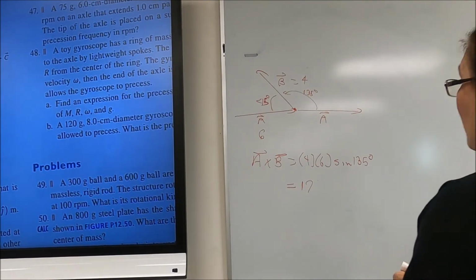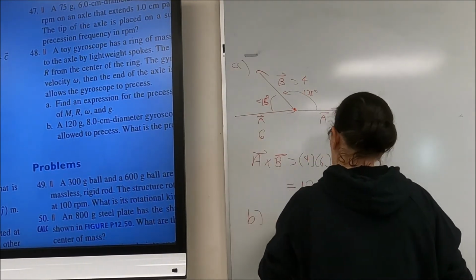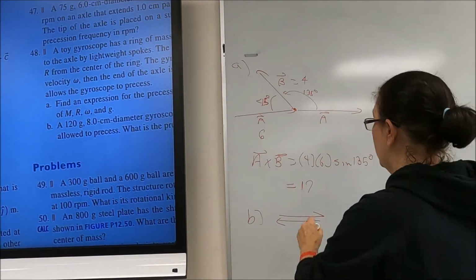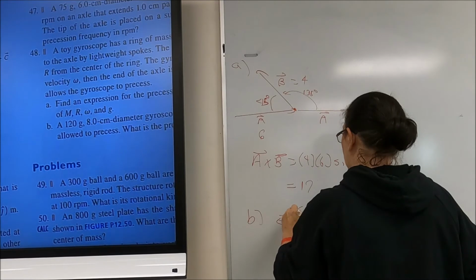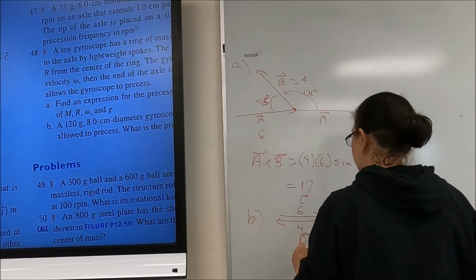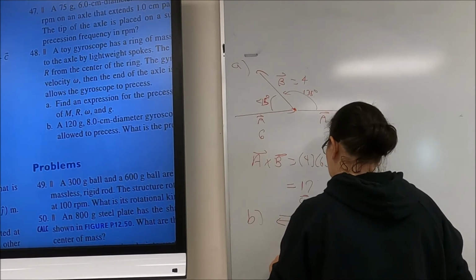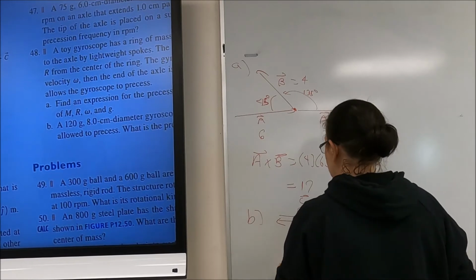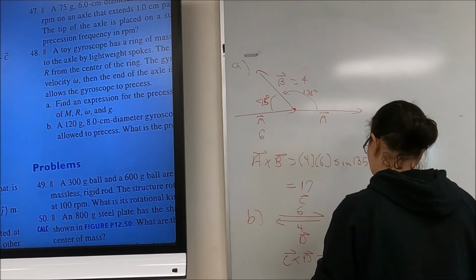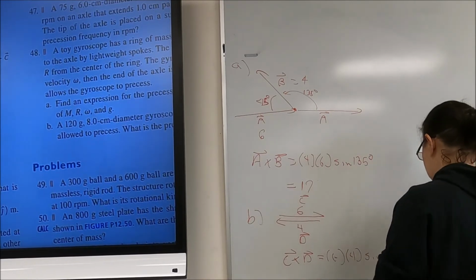Okay, if we look at B, this was A, I've got a vector going this way and a vector going this way. This one's 6 and this one's 4. This is vector C and this is vector D. Okay, the angle in between them is 180. So if I go C cross D, I have 6 times 4 times the sine of 180.